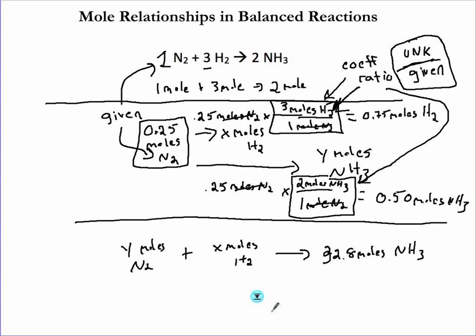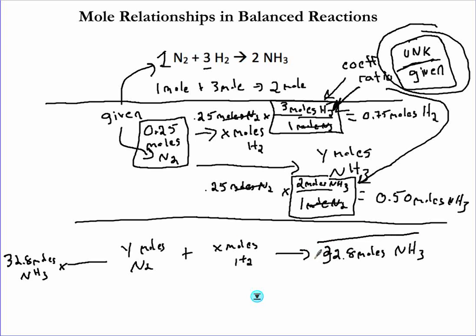All right, so what we're going to do here is, in order to calculate the moles of N2, I'm going to start with my given piece of information, which in this case is my 32.8 moles. And again, remember that this is moles of NH3. And what I'm going to do is multiply by, one more time, the unknown over the given coefficient ratio. So my given is my ammonia, right?